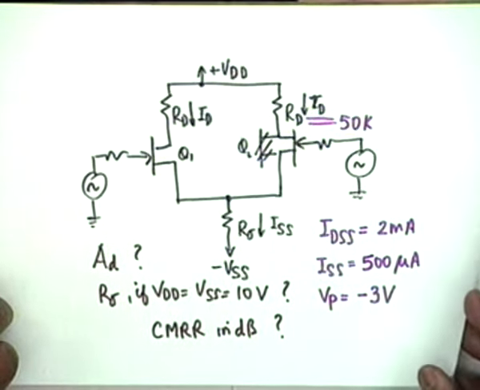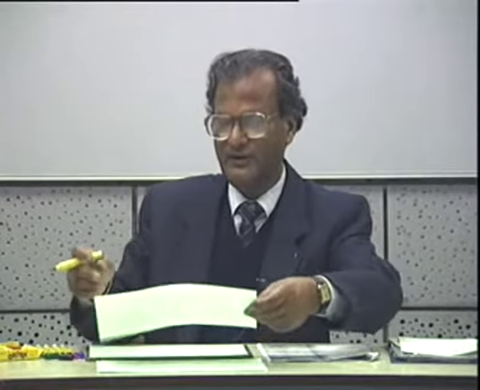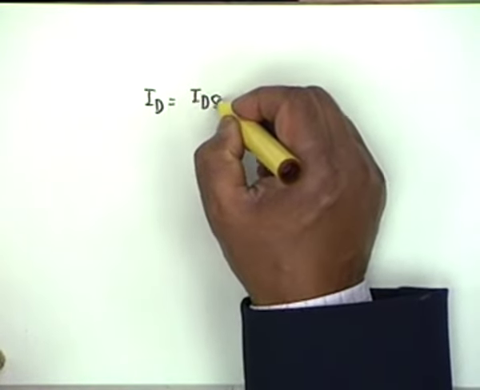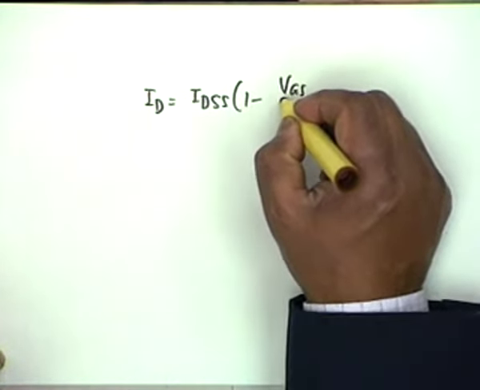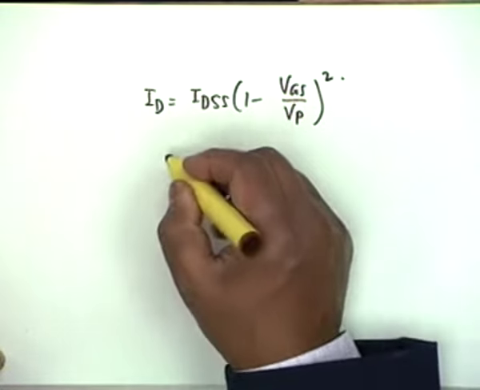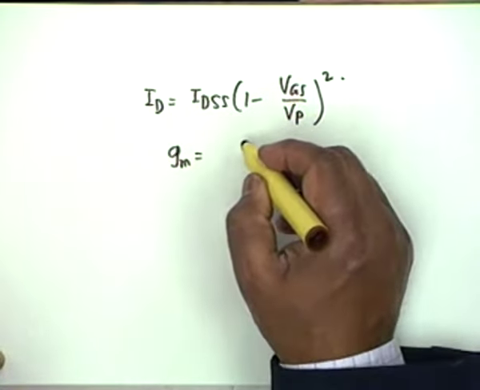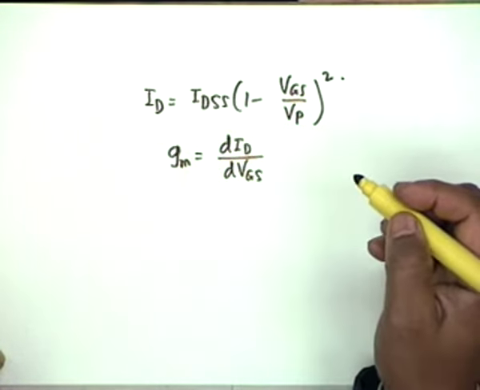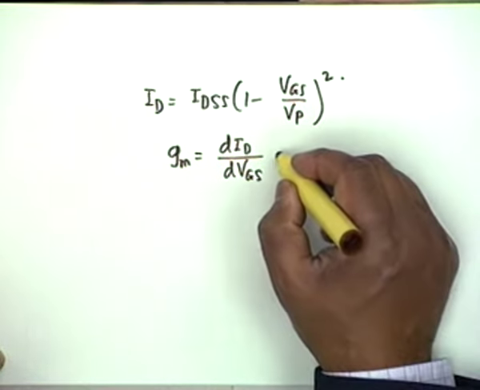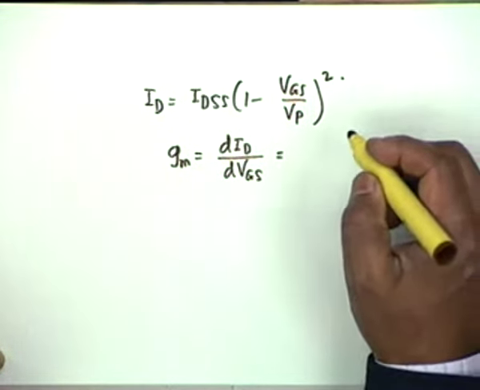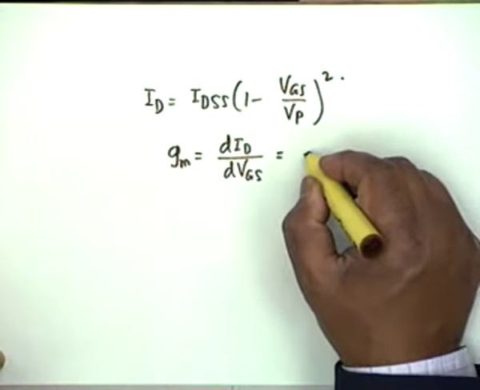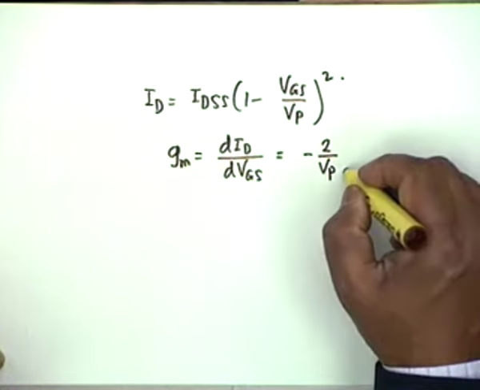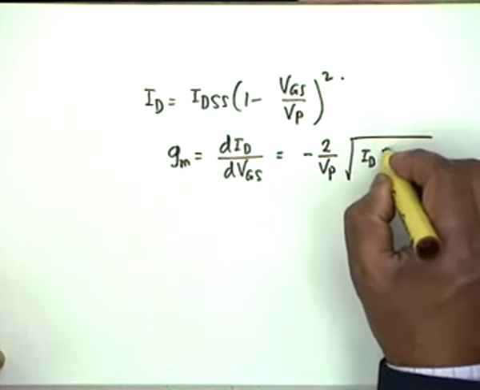The first thing we do is find out GM. Okay, you know the relationship is ID equal to IDSS times 1 minus VGS divided by VP whole squared, and GM is dID by dVGS, and we had shown earlier that this can be written as, by differentiating this and simplifying, minus 2 by Vp, and then you could write square root of IDSS times ID.